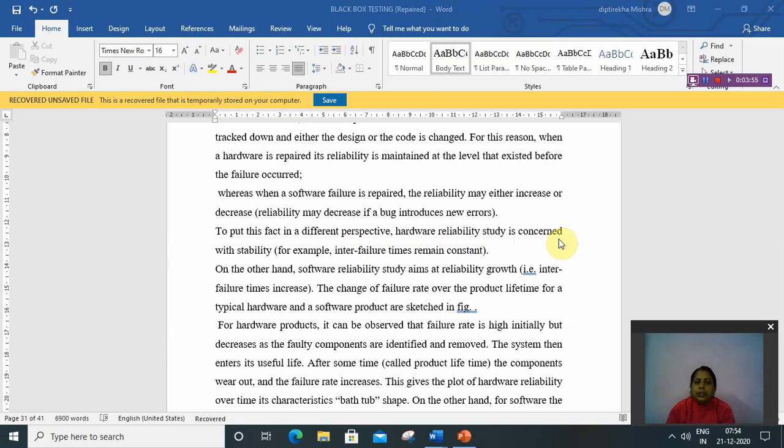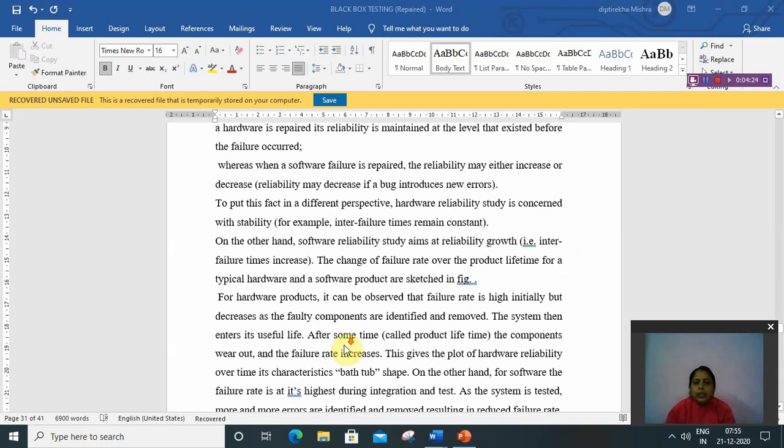But software reliability study aims at reliability growth, meaning the interfailure time increases. There may be chances of decrease or increase of the reliability. The change of failure rate over the product lifetime of a typical hardware and software product are sketched in the figure. We will discuss the figure later on.